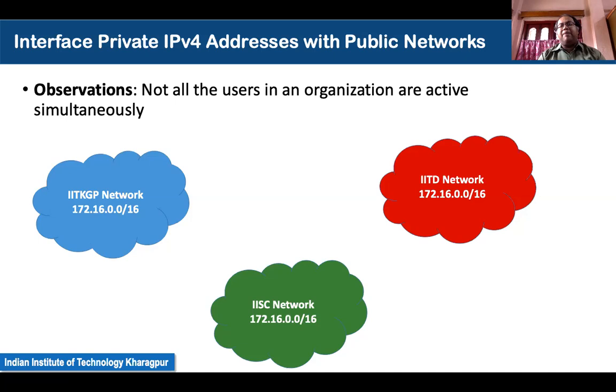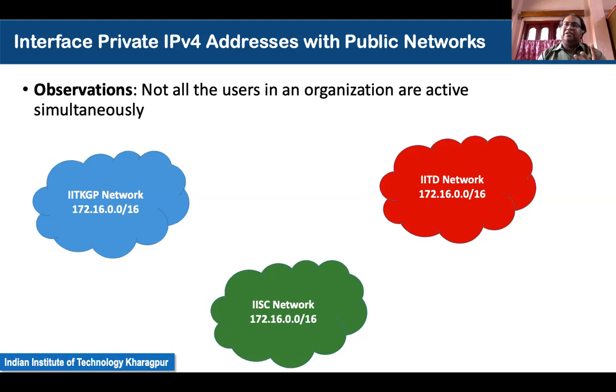Many people have more than one device connected to the internet, so they might need more than one public IP address. But if you look at user behavior or the activity pattern, it is not the case that all 10,000 users are going to access the internet at the same instance of time, all 24 hours of the day.